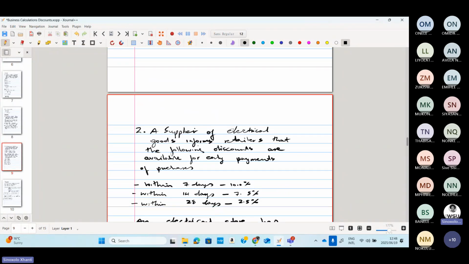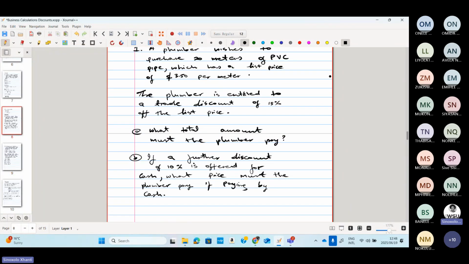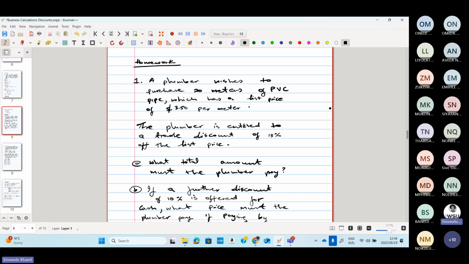Now, I want us to actually answer these problems here. So if you take a look into this problem, the first thing that I want you to realize is that a plumber wishes to purchase 20 meters. So we want to buy 20 meters of PVC, which has a list price of $3.50 per meter, which means 1 meter costs this much.